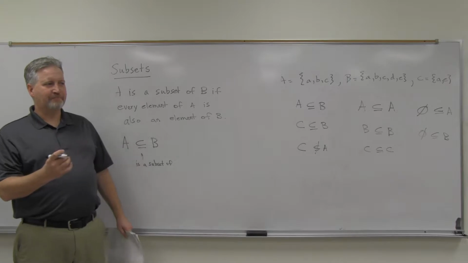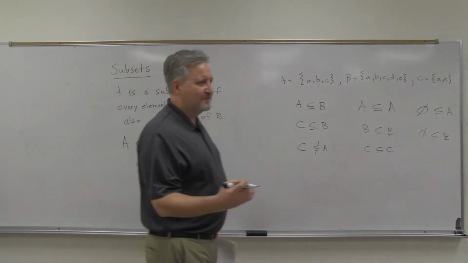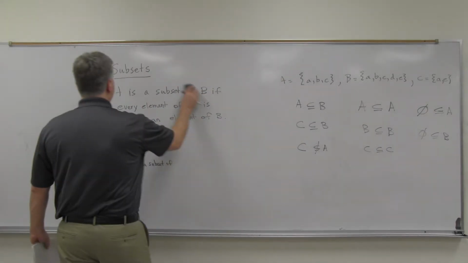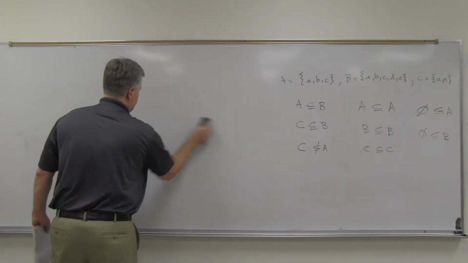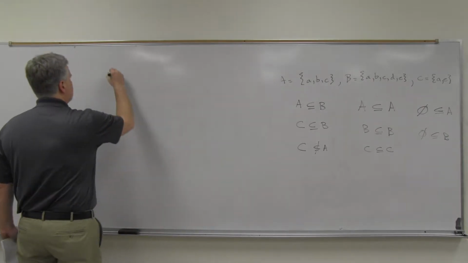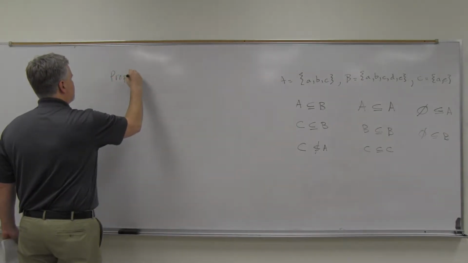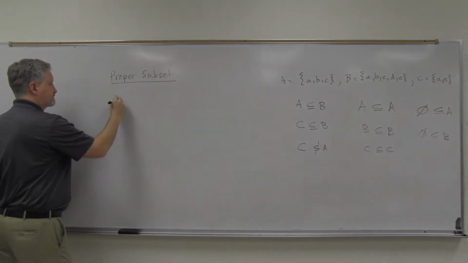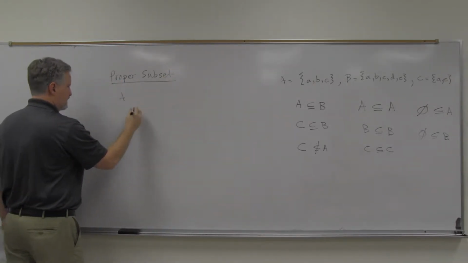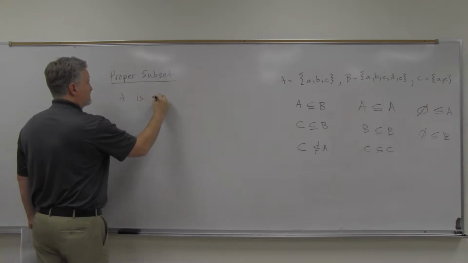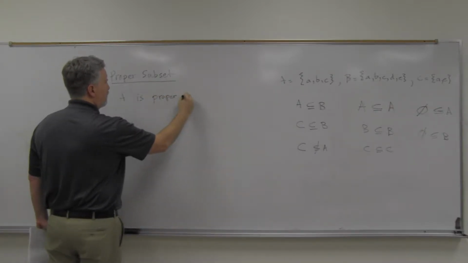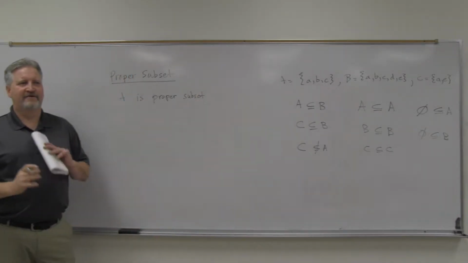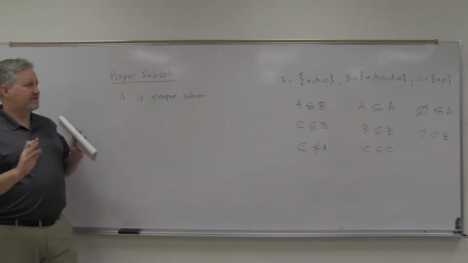Okay? All right, now, there's also a little thing related to subsets, and that is the proper subset. A is a proper subset of B. Oh, let me make one other little note here.